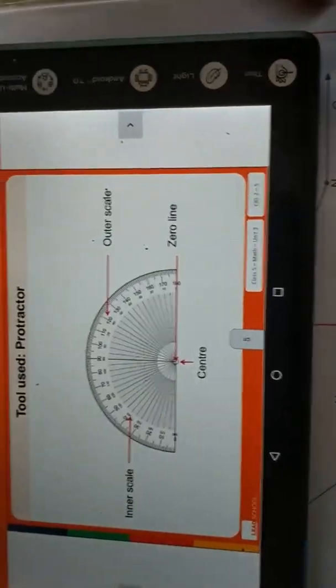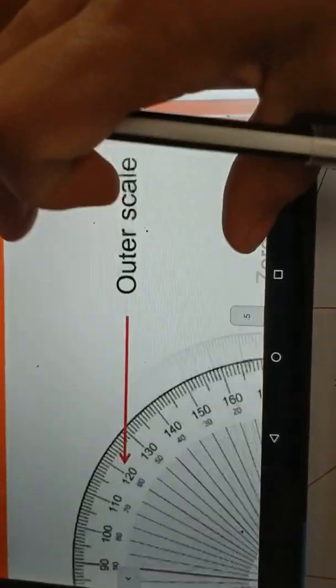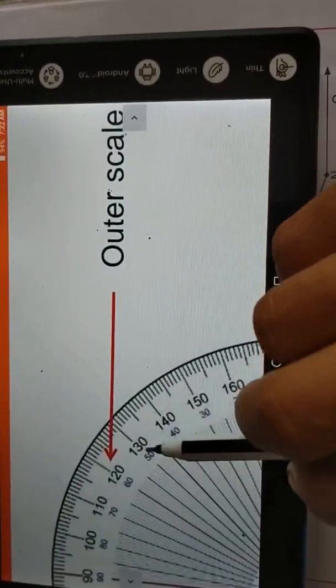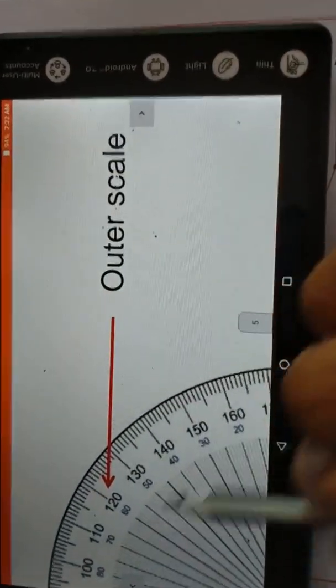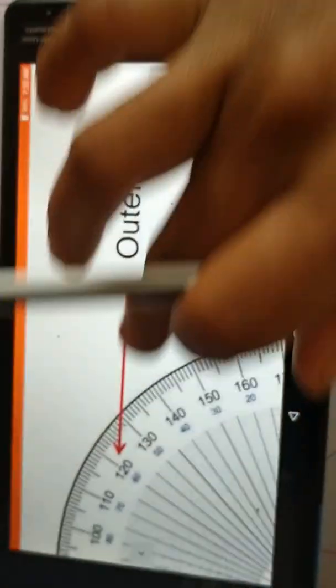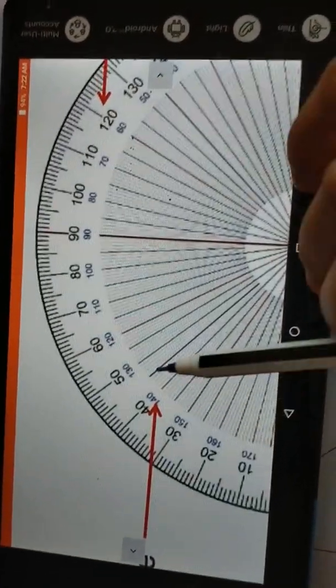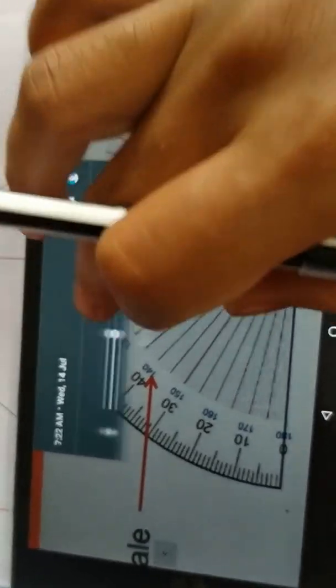Look here, these big numbers are the outer scale, and from this side the smaller numbers are the inner scale. So in a protractor, four things we have to learn.